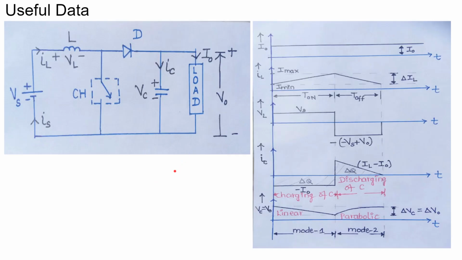Let us discuss some useful information to solve the problem. When the switch is closed, the current loop is like this. So, the inductor current IL rises, and Vs is equal to VL.